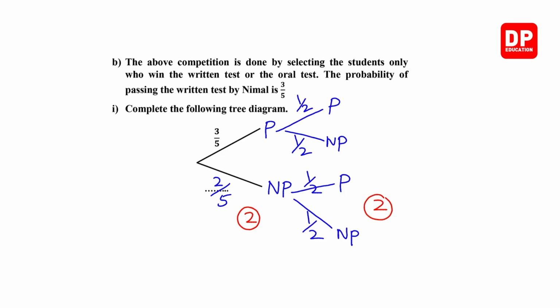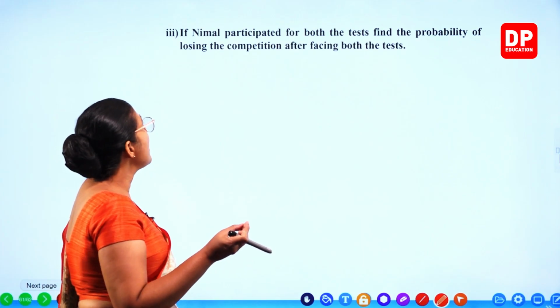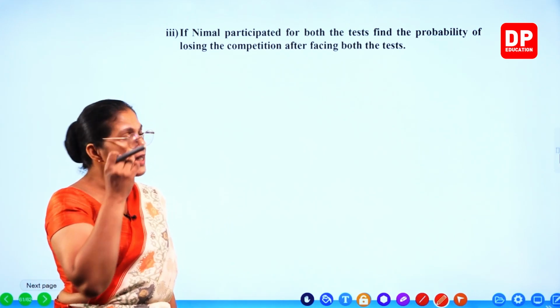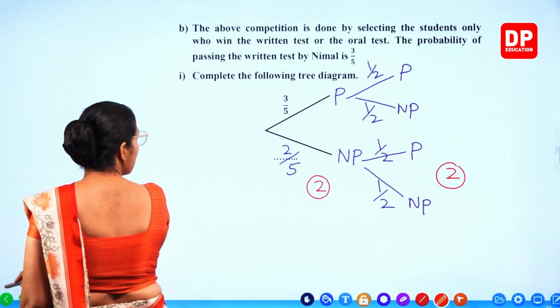Extending the tree diagram. And what's the last part? Part 3. If Nimal participated in both the tests, find the probability of losing the competition after facing both the tests. So how can you lose this competition? That means failing both the tests. So what's the probability?